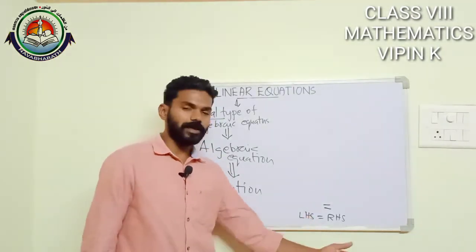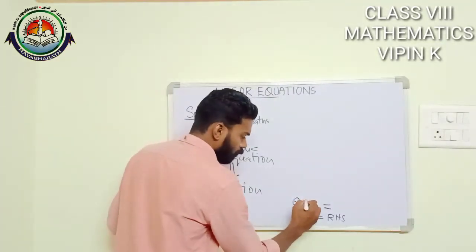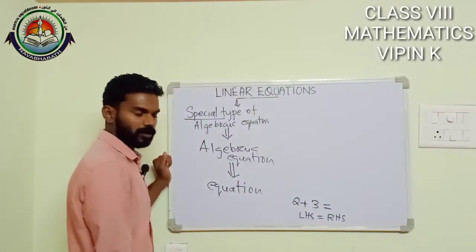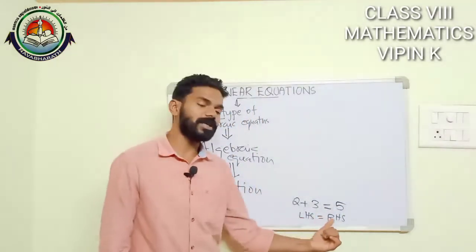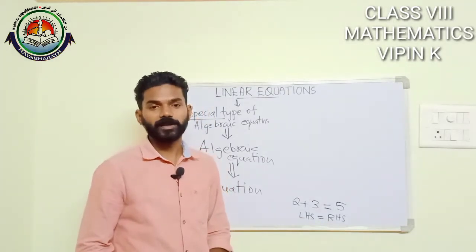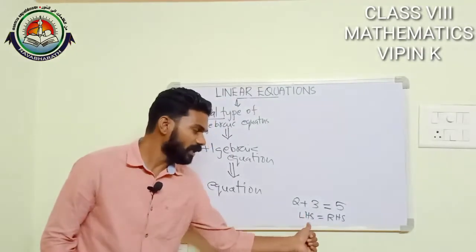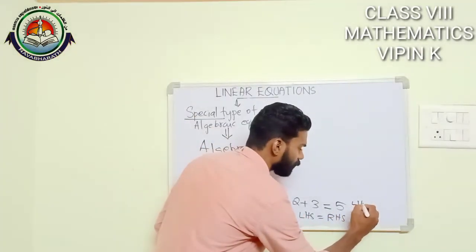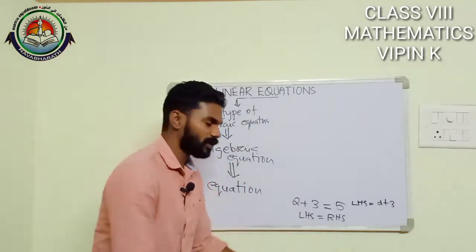Let's take an example of an equation: 2 plus 3 equals 5. So 2 plus 3 equals 5 represents an equation, in which the term 2 plus 3 is the LHS. And what is the RHS?